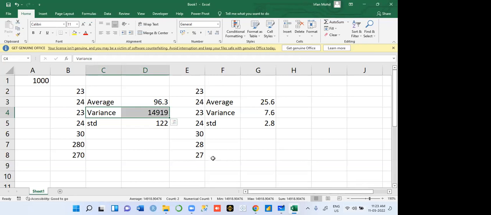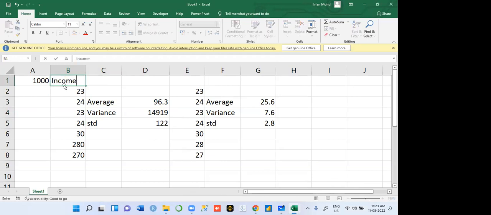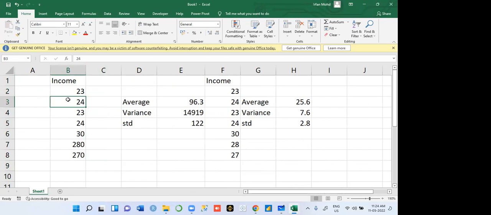Can we say the difference between the employees in terms of salary is 1,22,000? This is salary now. This was the income data we have taken. The first employee's income is 23,000.